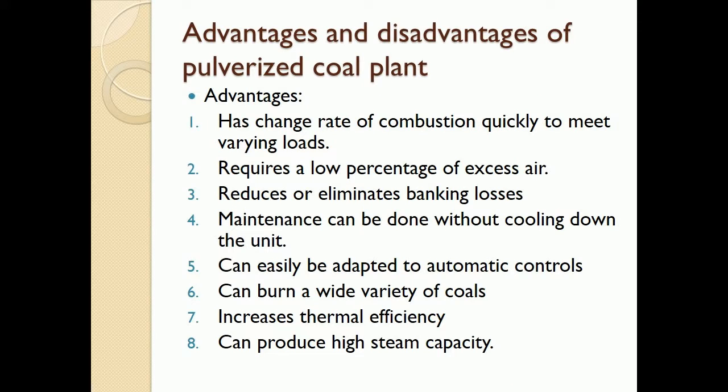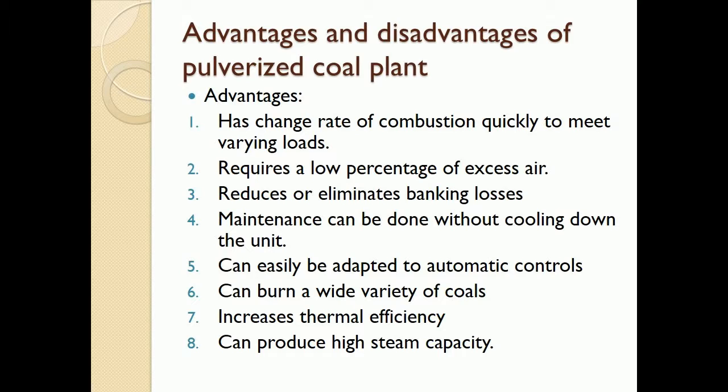Advantages and disadvantages of a pulverized coal plant. Advantages: 1. Can change rate of combustion quickly to meet varying loads. 2. Requires a low percentage of excess air. 3. Reduces or eliminates banking losses. 4.